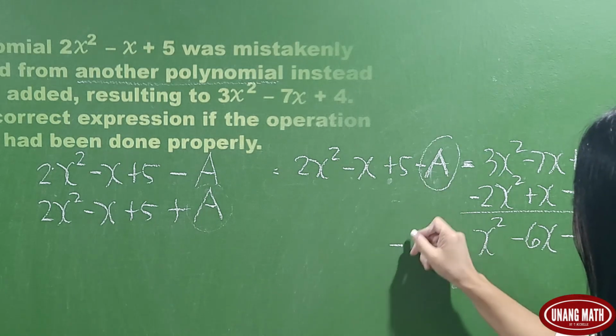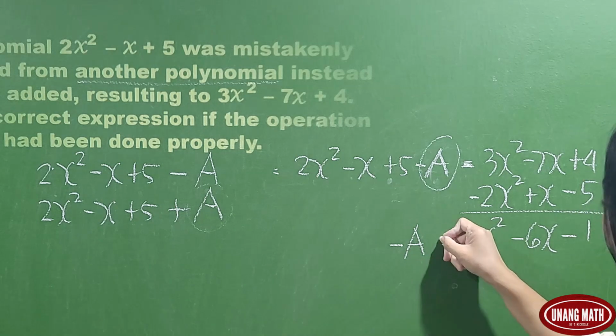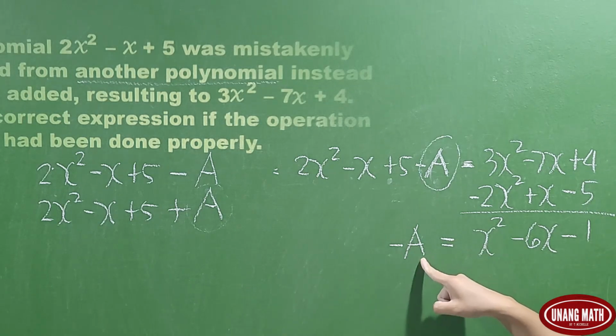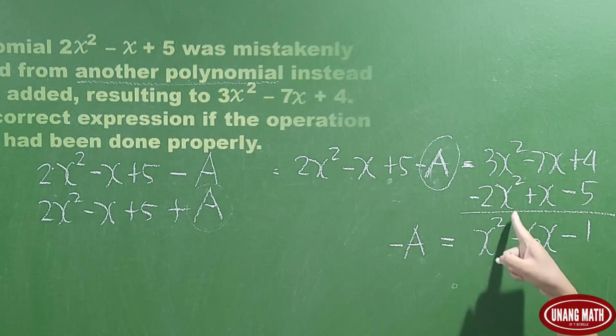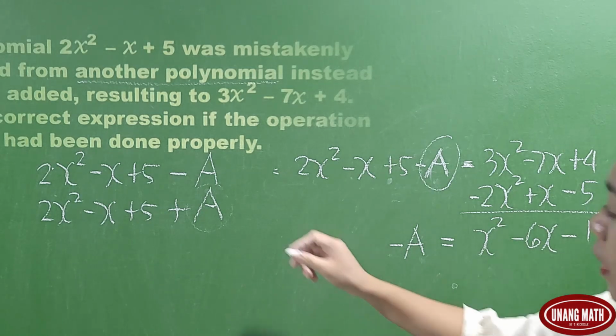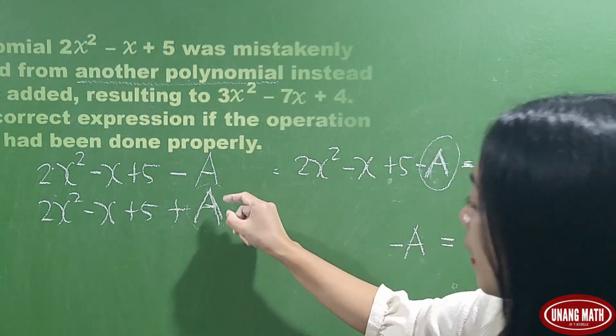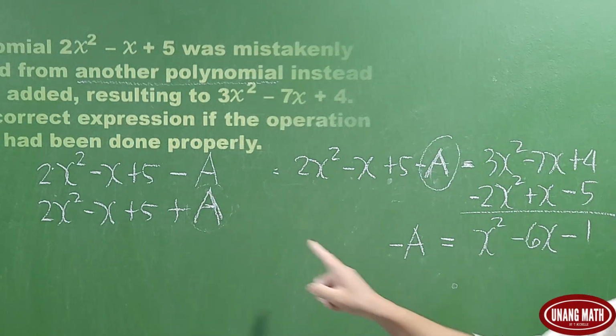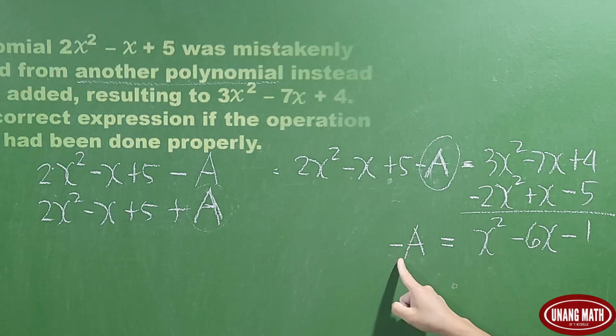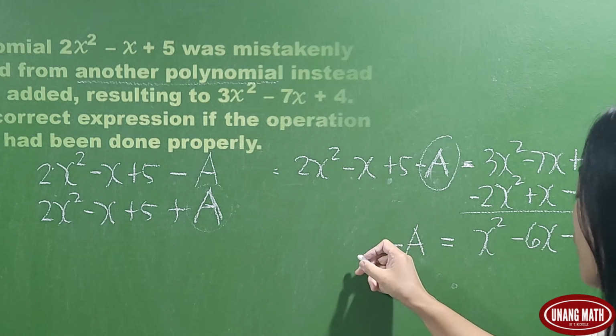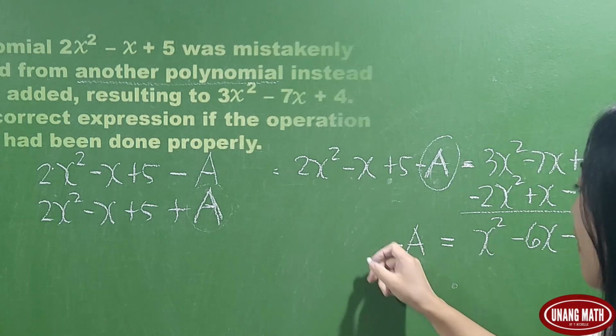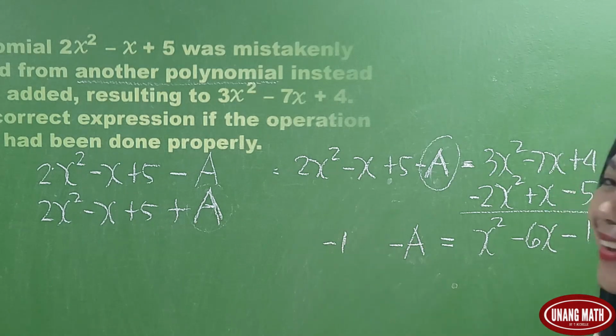Okay, so this is negative a. So this value of negative a is x squared minus 6x minus 1. But take note, we are looking for positive a. So to find positive a, that means we need to multiply negative a by negative 1.